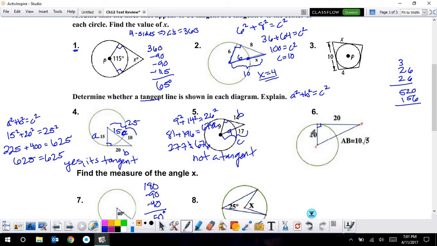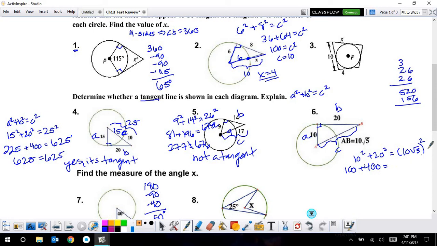For 6, same thing, a squared plus b squared. See if it actually equals c squared. So I've got 10 squared plus 20 squared. I've got to see, does it equal 10 root 5 squared? So I have 10 squared is 100. 20 squared is 400.